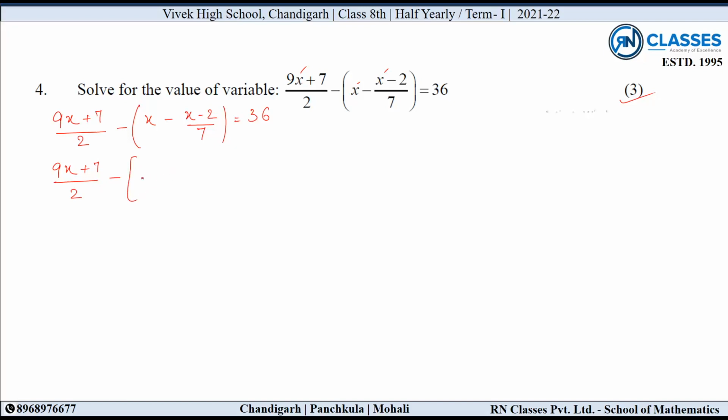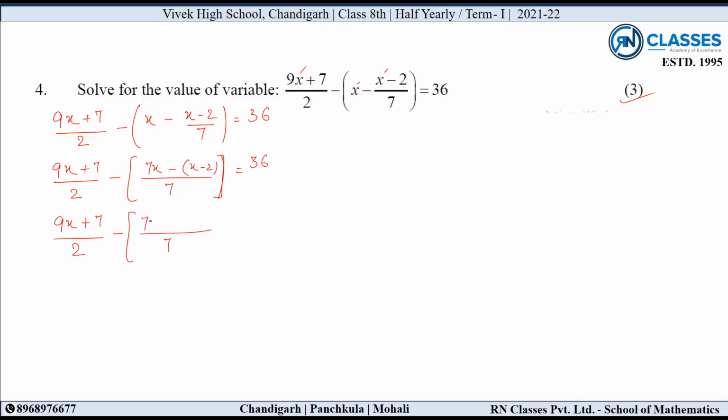Bracket starts. LCM 7. अब यहाँ पे actual में 1 है तो 1 7 times, so 7 into x, 7x minus x minus 2. You have to write down this step, otherwise it will become wrong. आपका sign change करना पड़ेगा ध्यान से. So 9x plus 7 by 2, right, minus, LCM is 7.